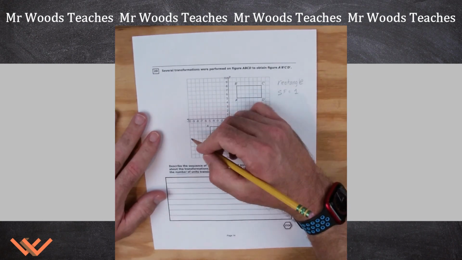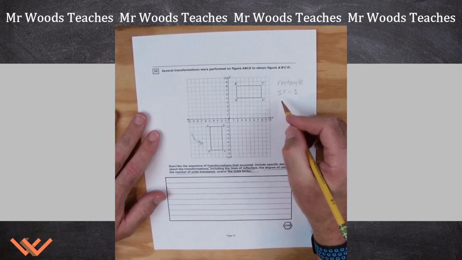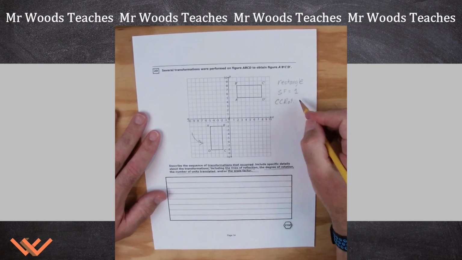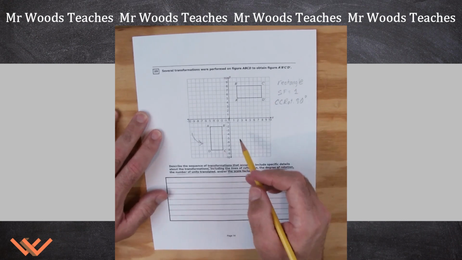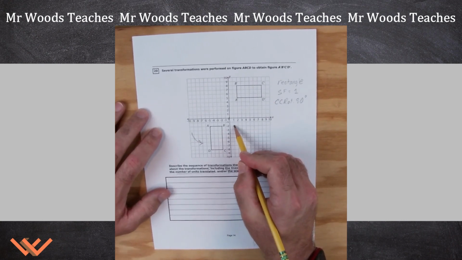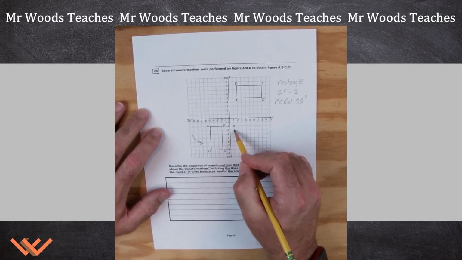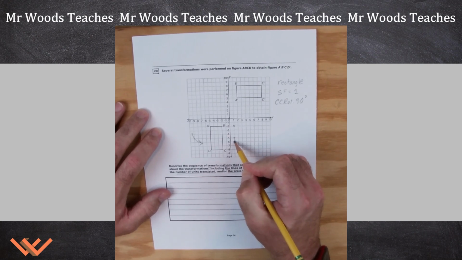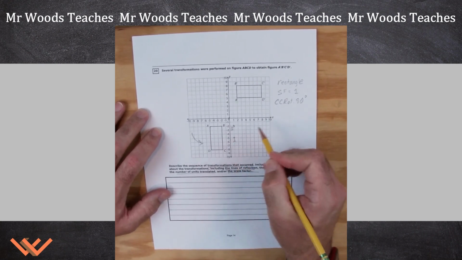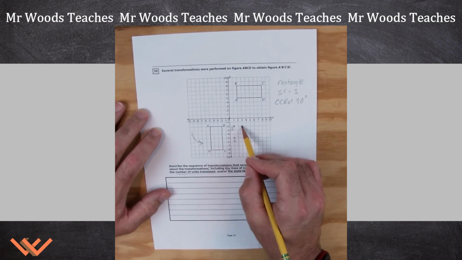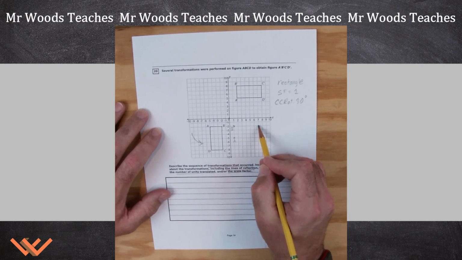So if I do a counterclockwise rotation, so I'm going to say CC rotation, 90 degrees. If I do that, I'm going to have my B right here, 1, 2, 3. And A is right here, so this is going to be B. And then 1, 2, 3, 4, 5, 6.